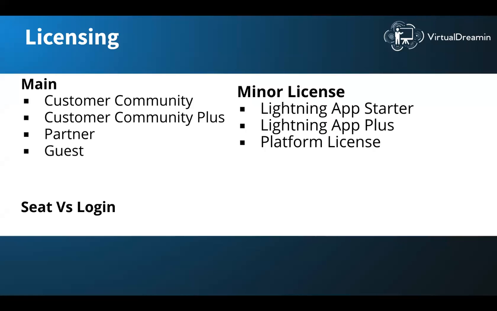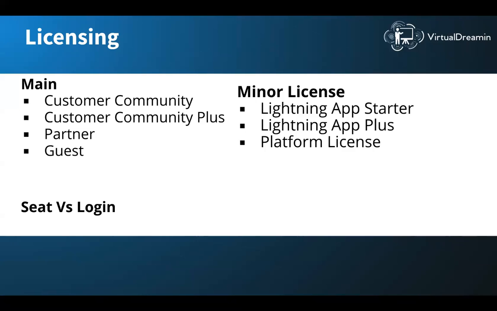There are 4 main types of licenses in communities. You have your partner, your guest, your customer community, and your customer community plus. And then you also have this concept of seat versus login.